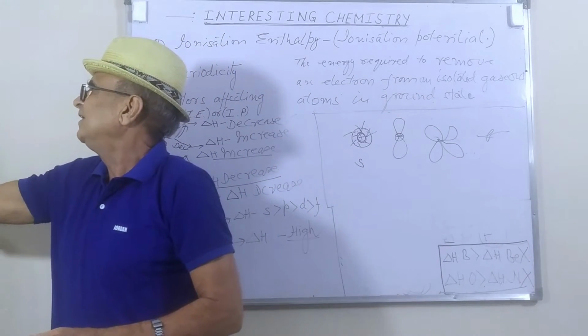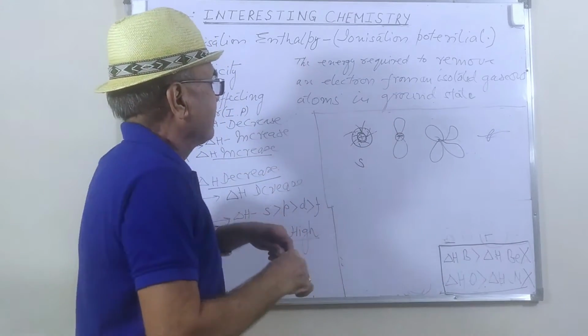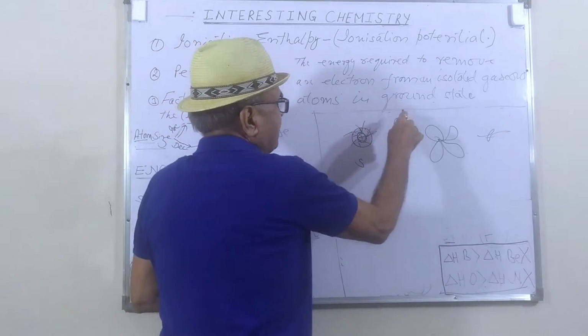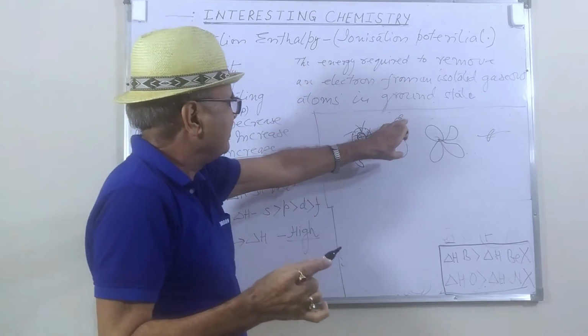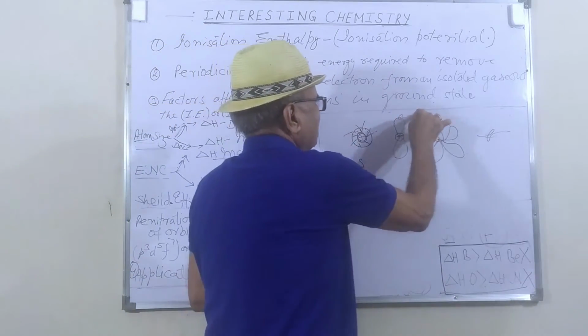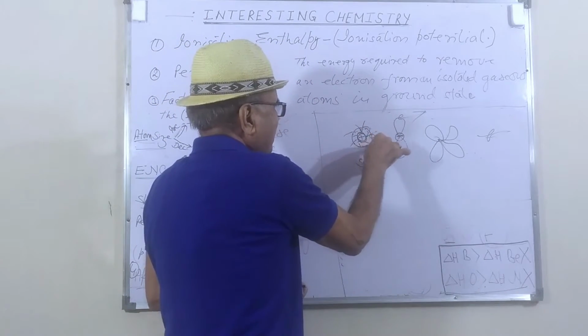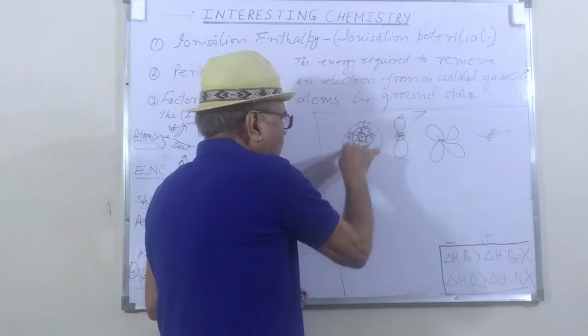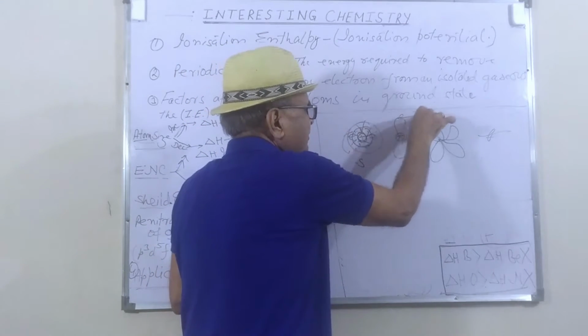You can write the nucleus here. If the electron is here, you can easily remove it from this place. And this electron has similar attraction in all directions. But when the electron goes here, you can remove it from here.